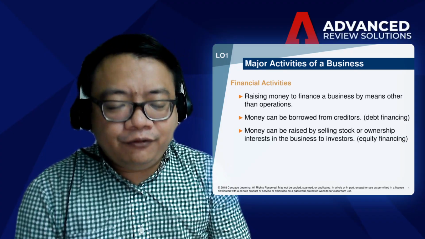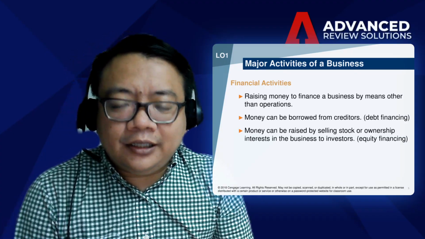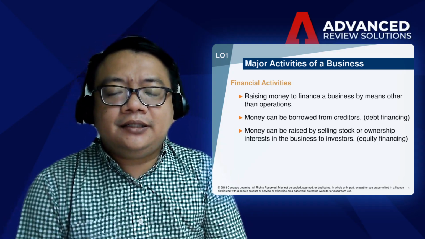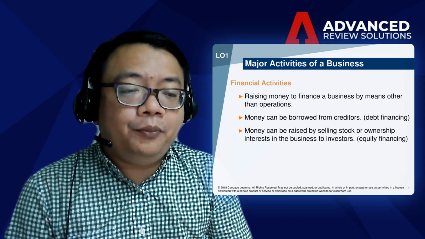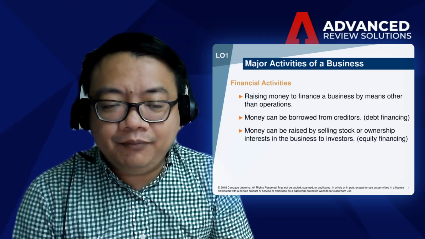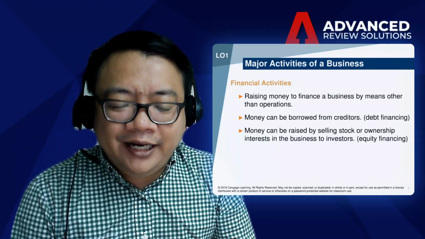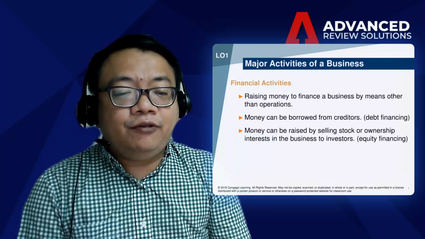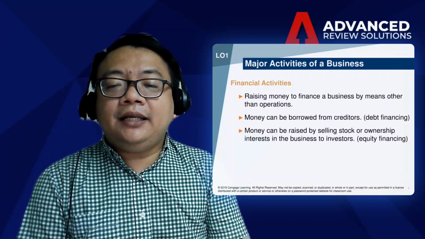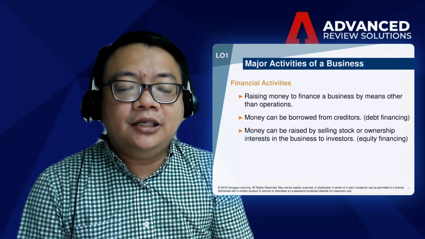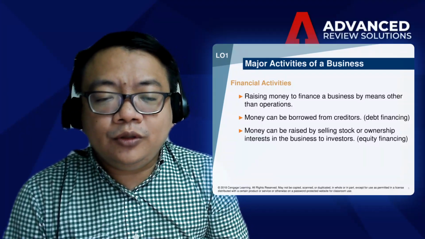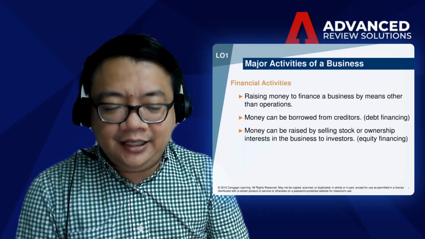So more on financing, okay? Activities of raising money to finance a business by means other than operations. These are our samples of financing. Money can be borrowed from creditors, which is debt financing, or money can be raised by selling your stocks or ownership interest in the business, also known as equity financing.